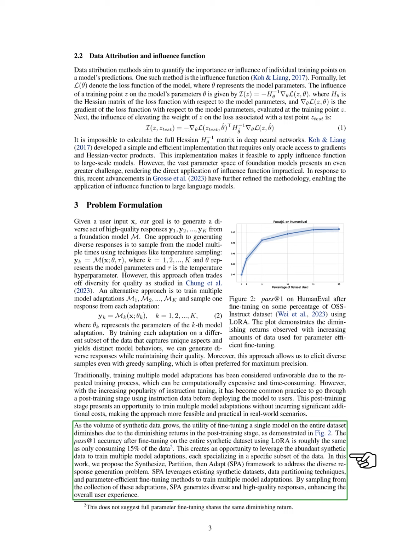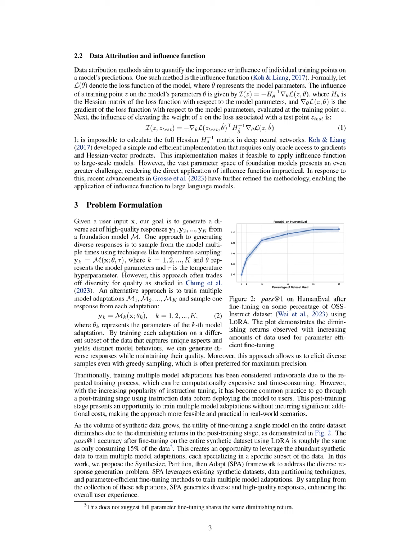This insight leads us to propose the Synthesize, Partition, then Adapt, SPA framework, which utilizes synthetic datasets, data partitioning, and efficient fine-tuning methods to create multiple model adaptations. By sampling from these adaptations, SPA enhances the generation of diverse and high-quality responses, ultimately improving the user experience.